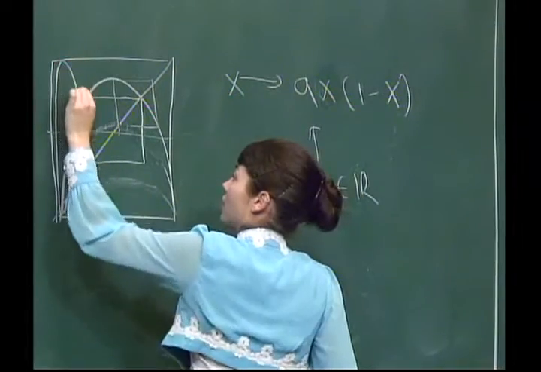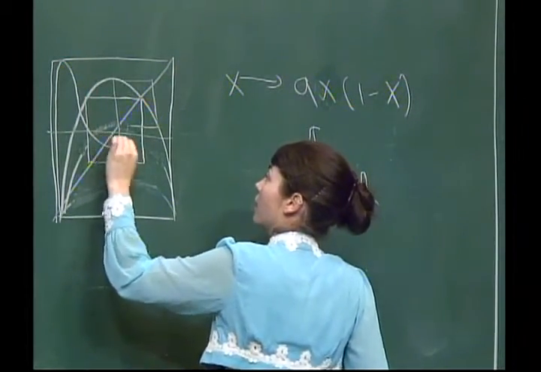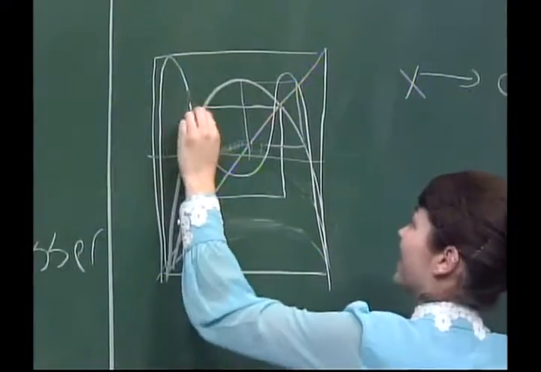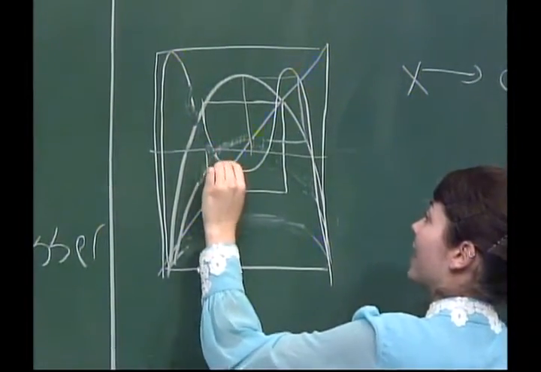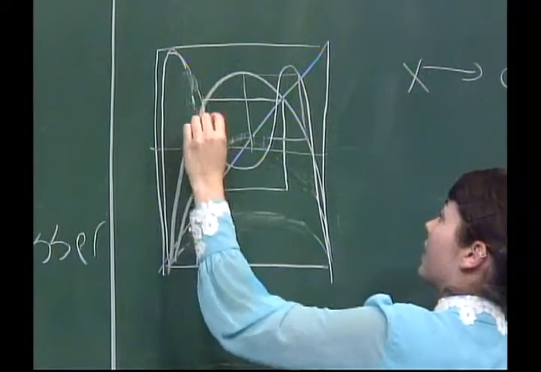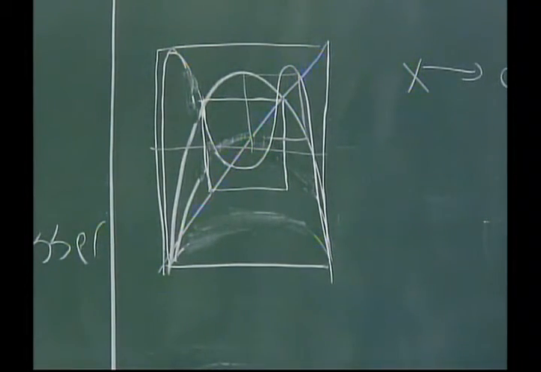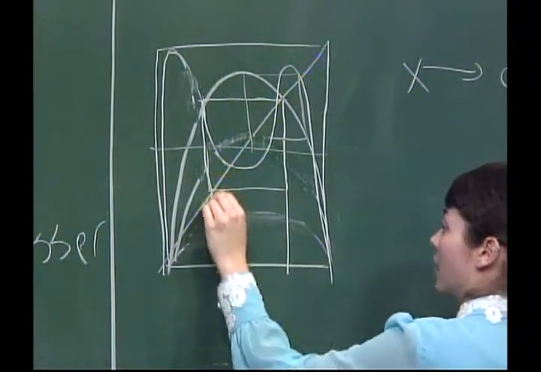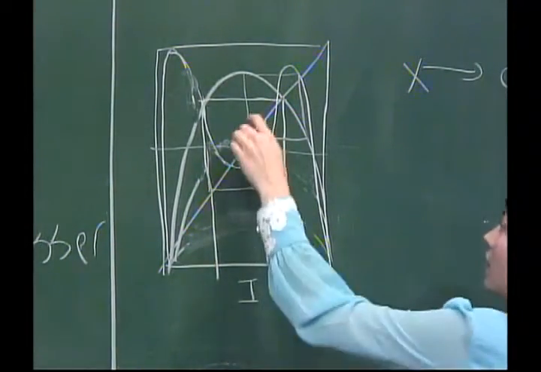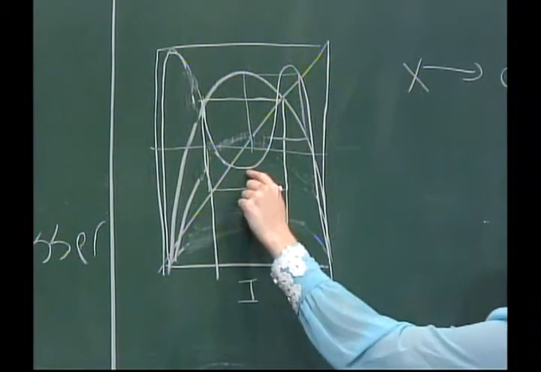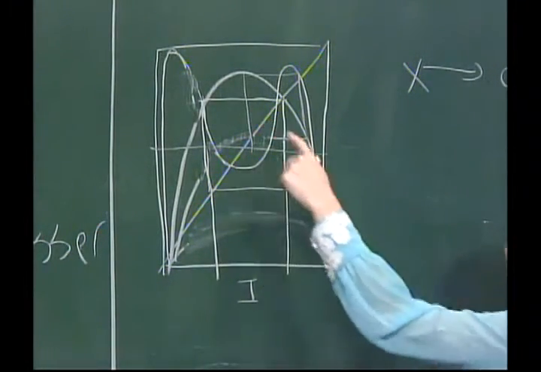So the second iterate will be something like this, okay? Oh, no. This is a fixed point. So the second iterate inside this box again looks like a unimodal map. So just restrict yourself to looking inside this interval I. So when you move the parameter, the critical point either moves down or moves up.